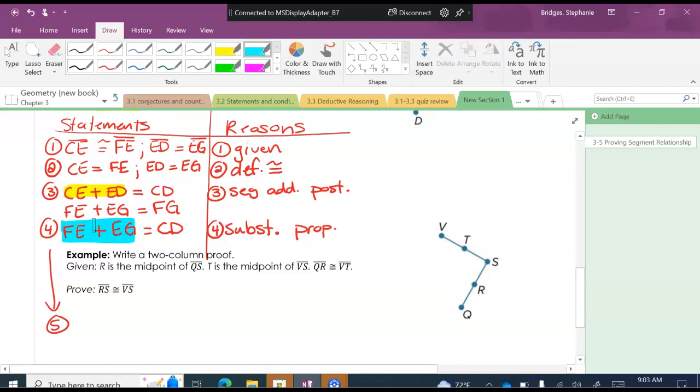What does FE plus EG equal? FG. So can I take that FE plus EG and replace it with FG? Yes. And again, I replaced something, so what property is that? Substitution.